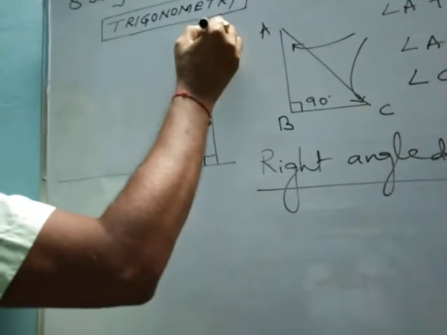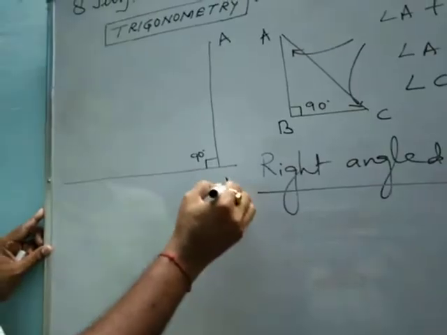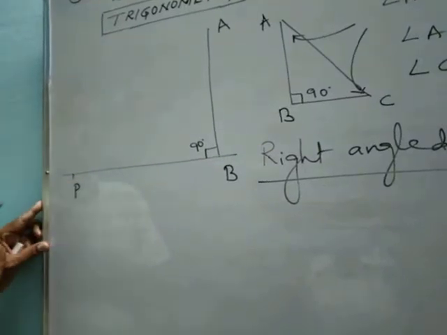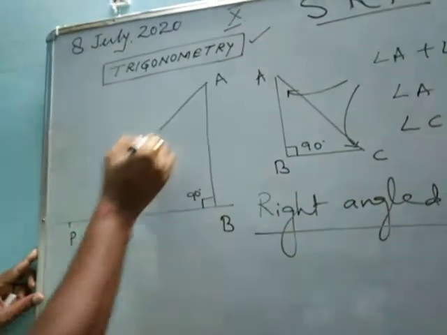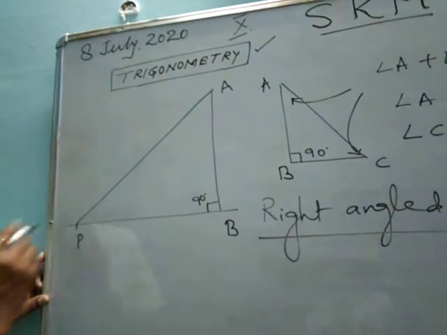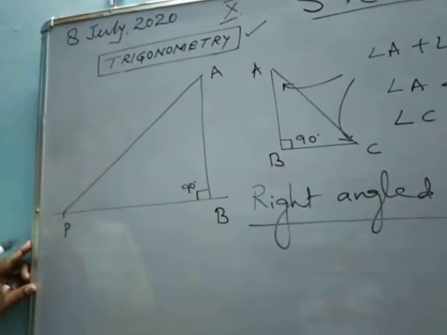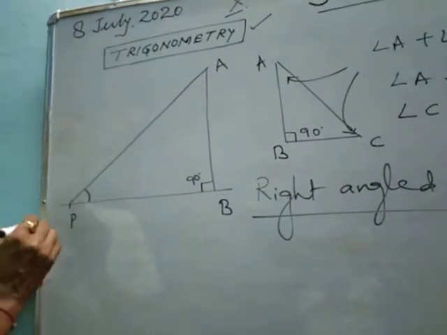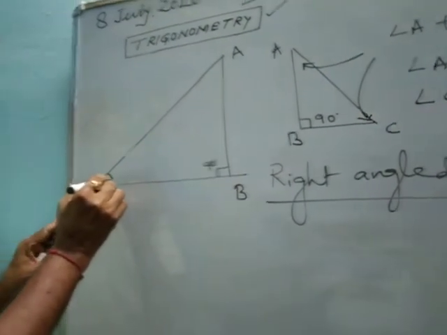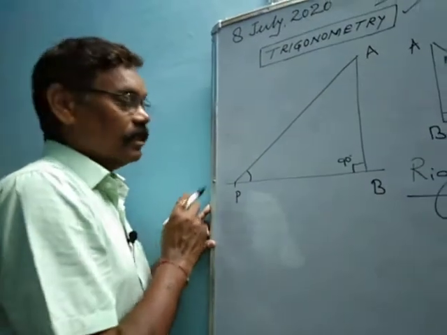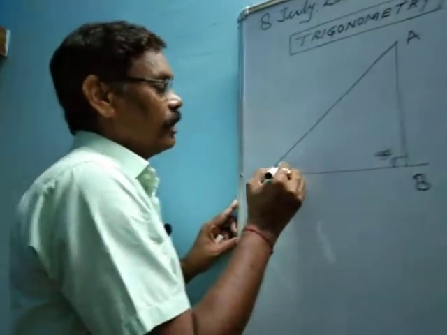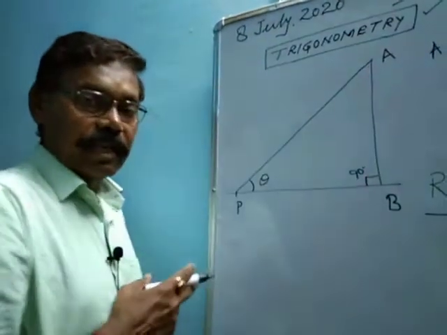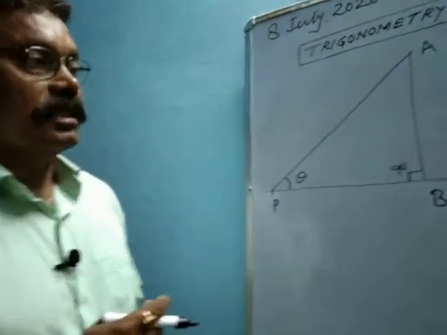If I consider this as AB and here I have got point P and join this A with P, again I get a triangle like this, and this angle is an acute angle here at present. We can represent it by angle P or we can say it is an angle equivalent to theta.